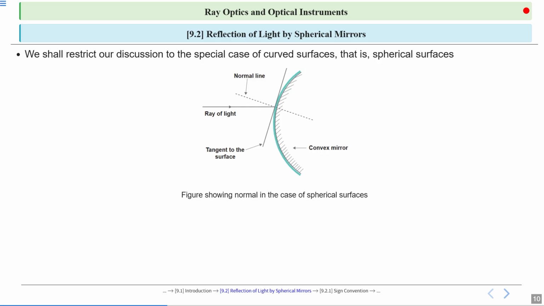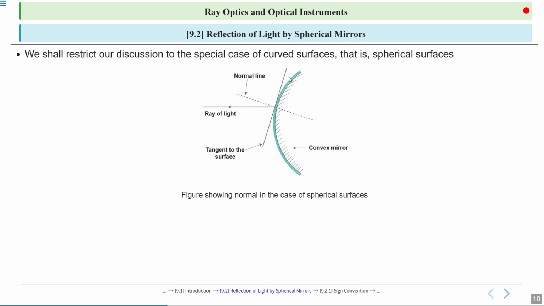This is a figure showing the normal in the case of spherical surfaces. If in a plane surface we draw the normal, which is perpendicular to the plane of the mirror, in the case of a spherical mirror, at the point of incidence where the ray of light is incident on the mirror, we draw a tangent at that point of incidence.